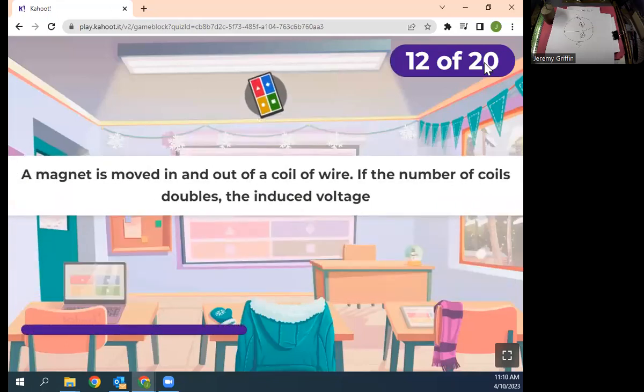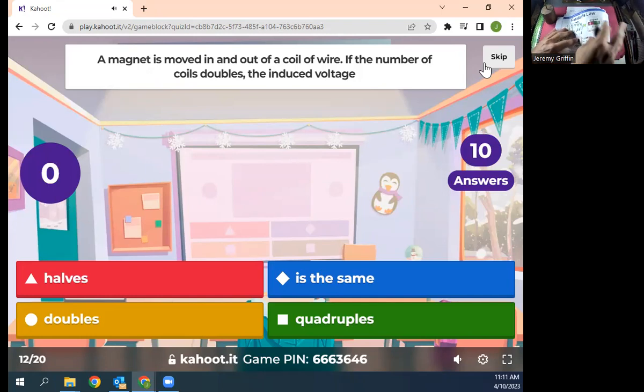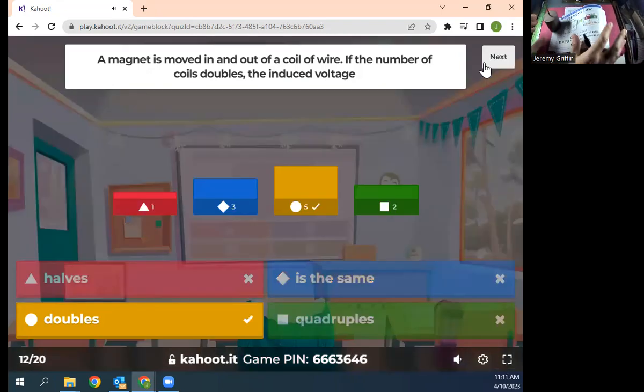A magnet moves in and out of a coil of wire. If the number of coils doubles, what happens to the induced voltage? It also doubles.